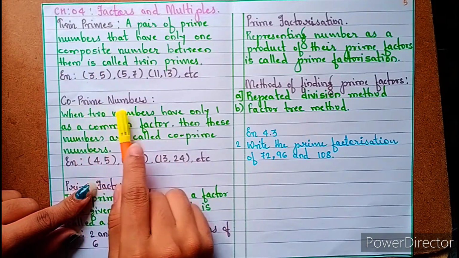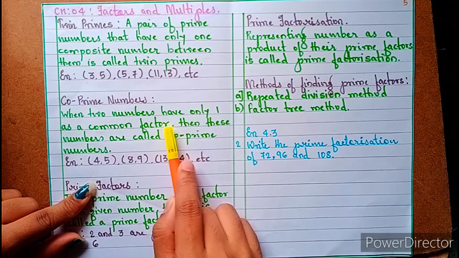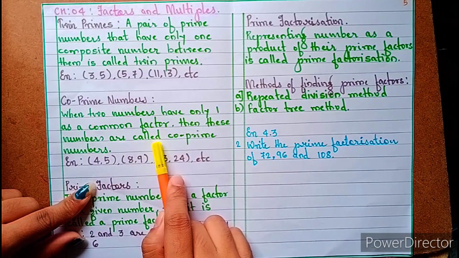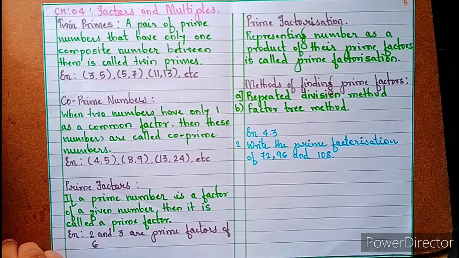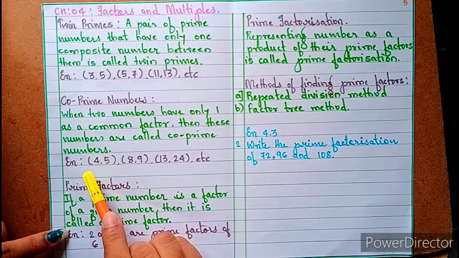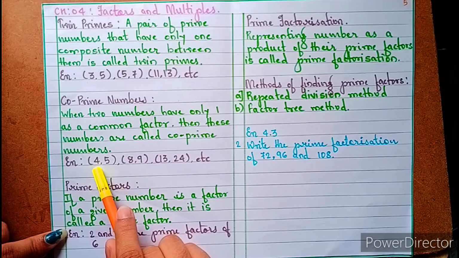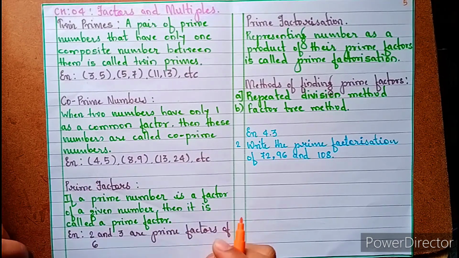Now we have co-prime numbers. When two numbers have only 1 as a common factor, then these numbers are called co-prime numbers. So just see here, if you find the factors of 4 and 5, there will be no common factor other than 1.